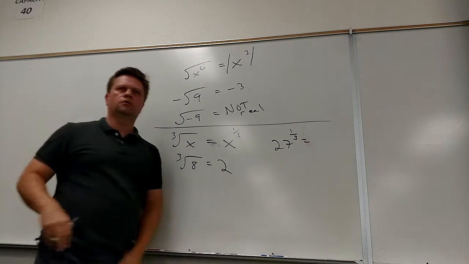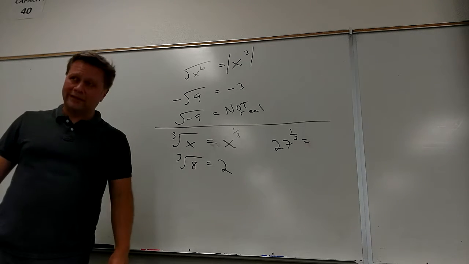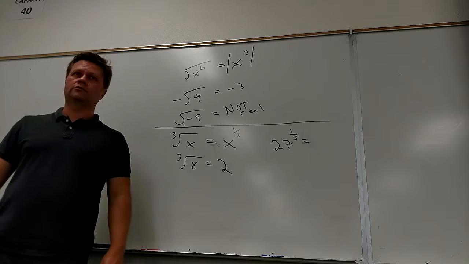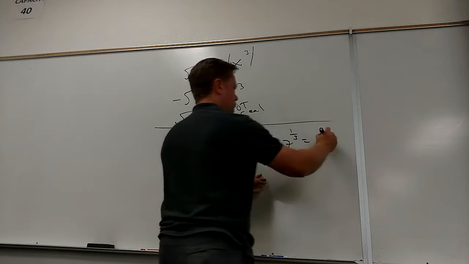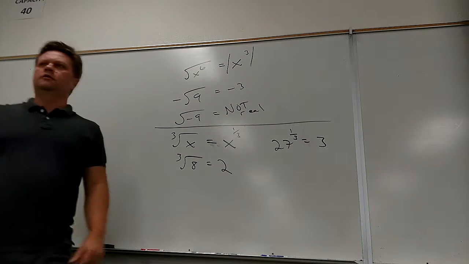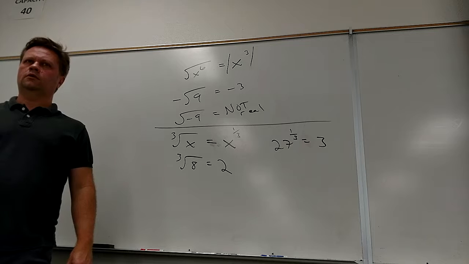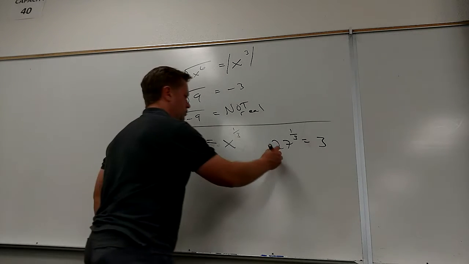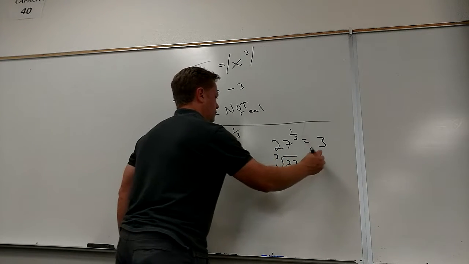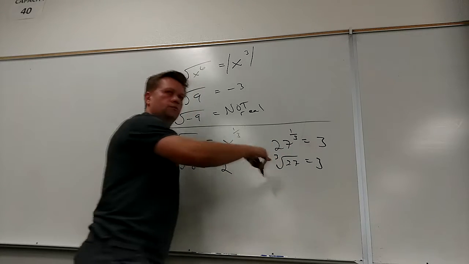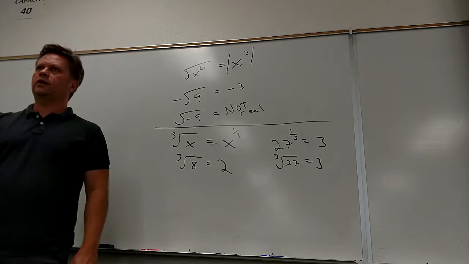Break 27 up multiplicatively: 3 times 3 times 3. So 27 to the 1/3 is 3. And that's the same as the cube root? Yep, it's the same. And what's the cube root of 27? Well, of course it's 3 because these are the same.